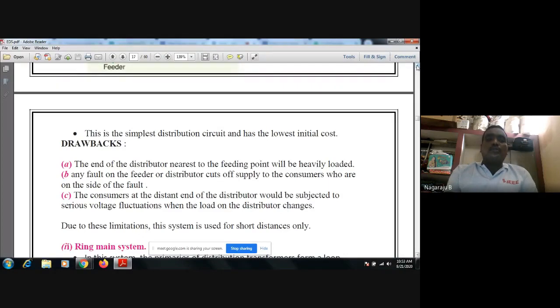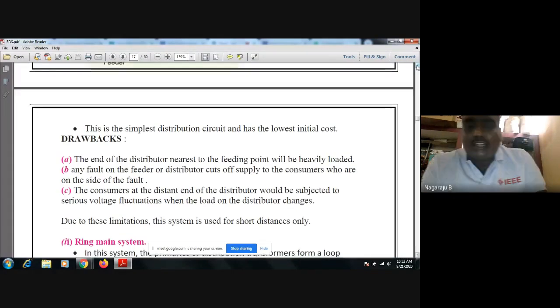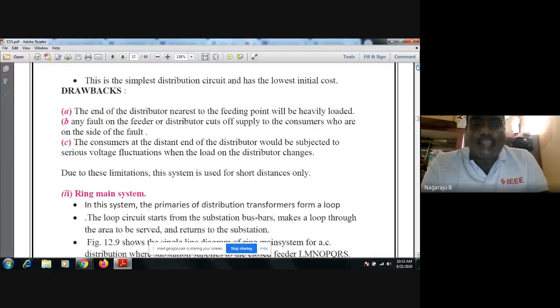So because of these limitations, this radial type of feeder is used for short distances only, up to 3 to 4 kilometers or 5 kilometers. Coming to the ring main type of system.